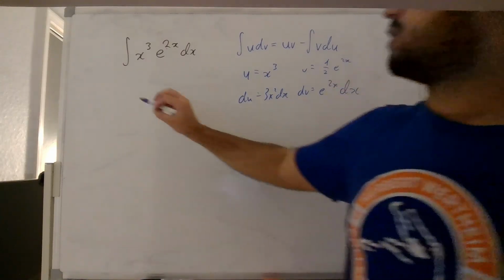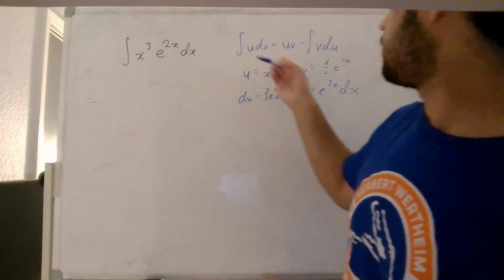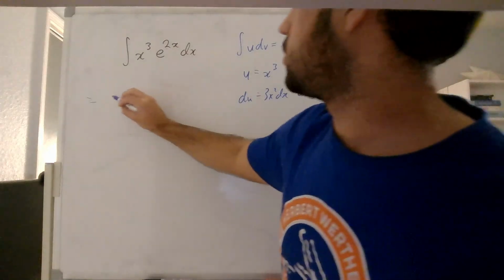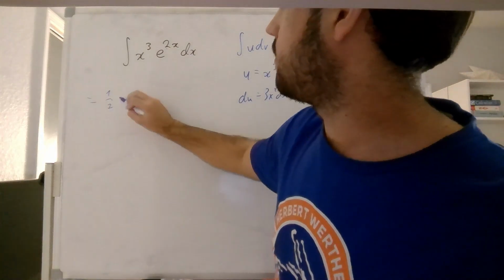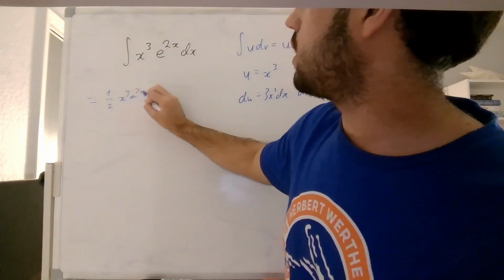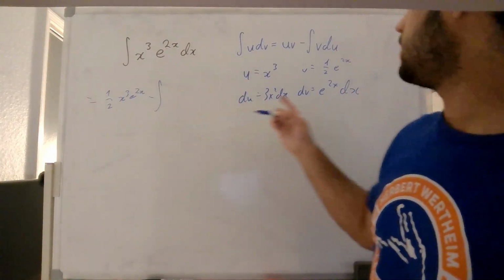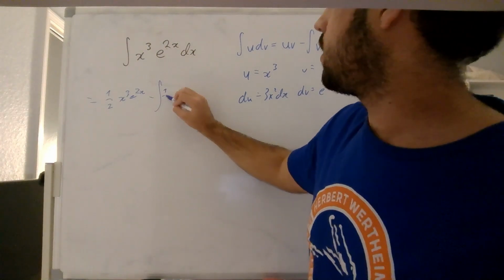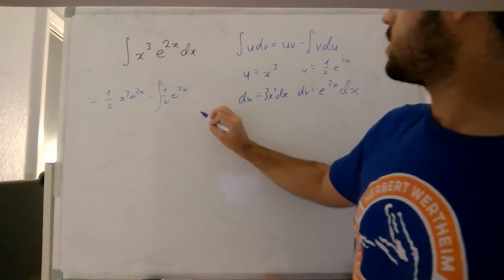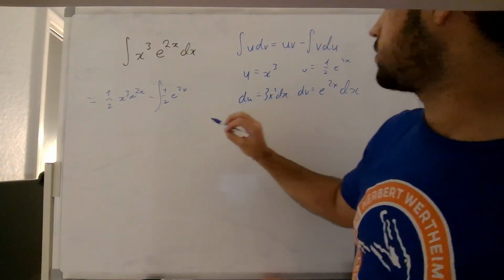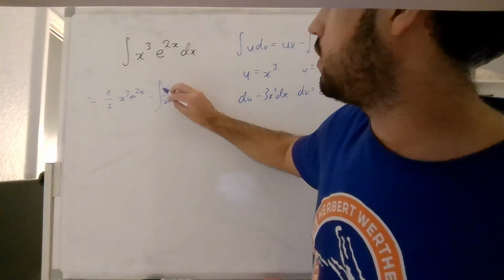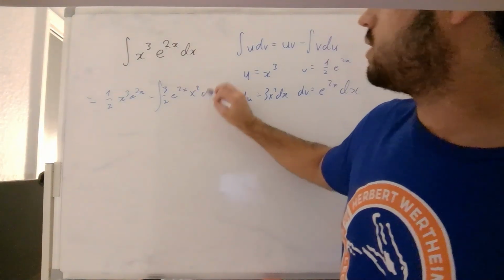So we end up with uv, x cubed times 1/2 e to the 2x, minus the integral of v du: 1/2 e to the 2x times 3x squared dx.